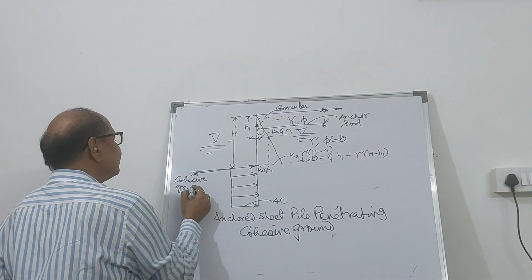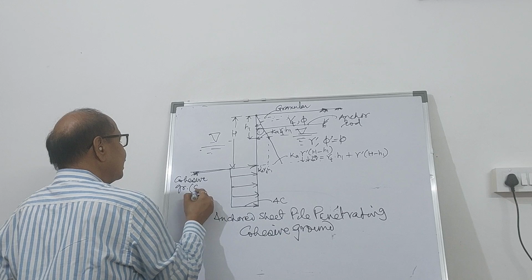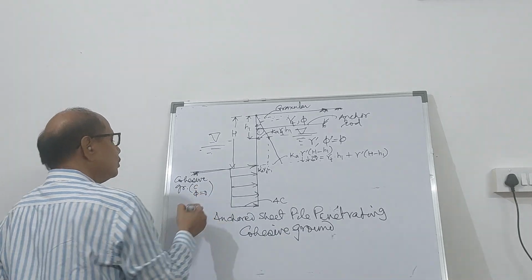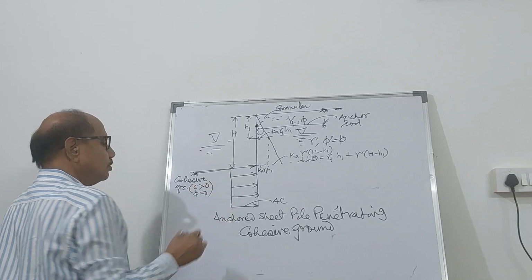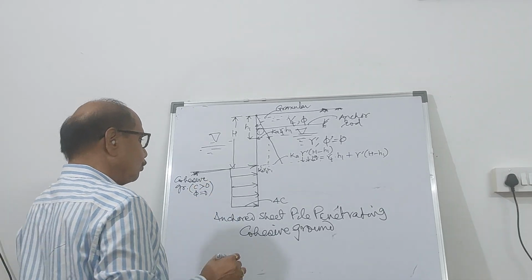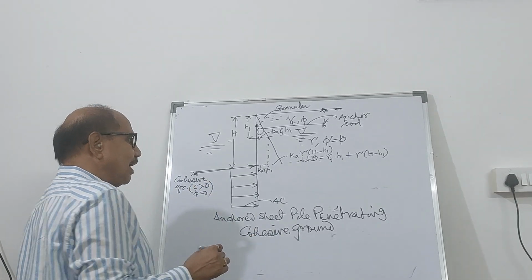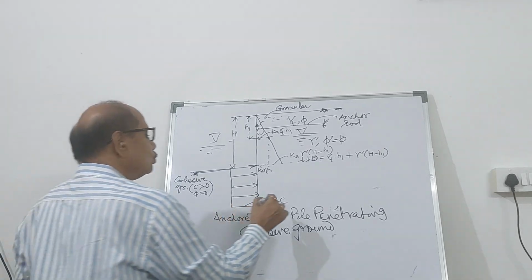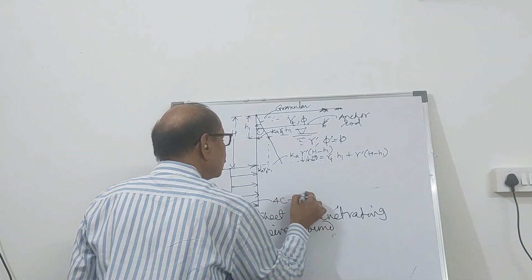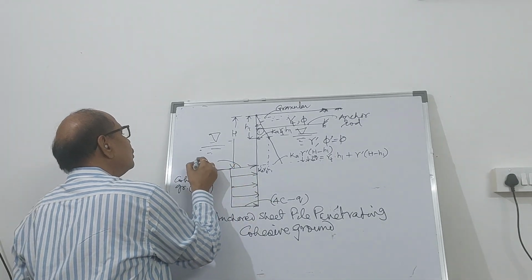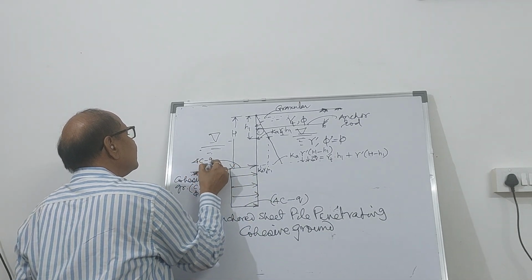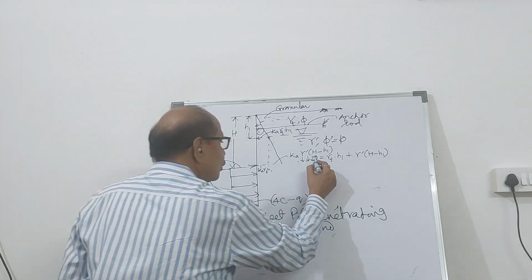Let's say the cohesive ground has C greater than 0 and phi equal to 0. So 4C minus Q, it is here also 4C minus Q. What is the value of Q?